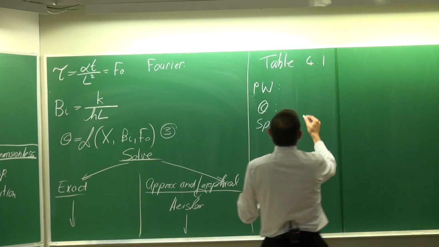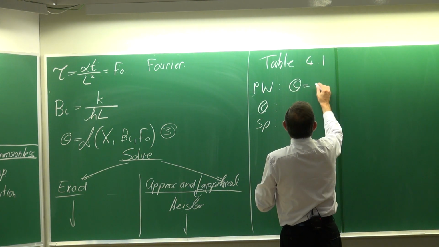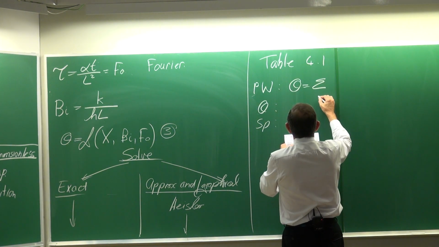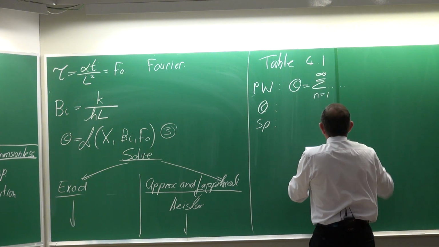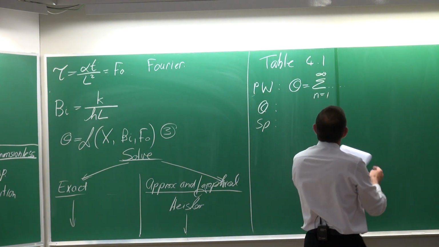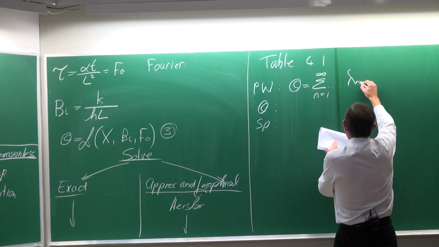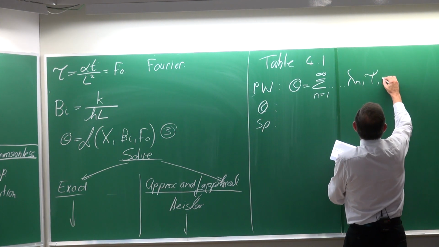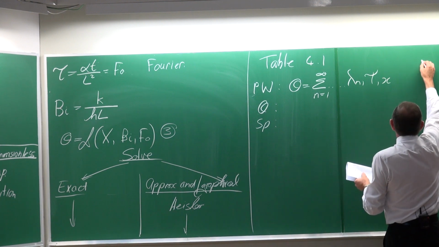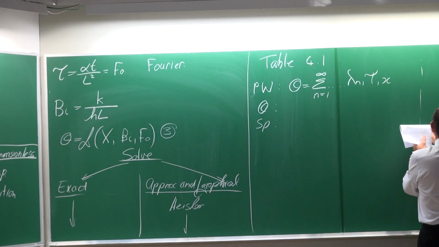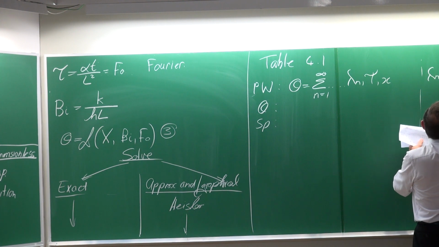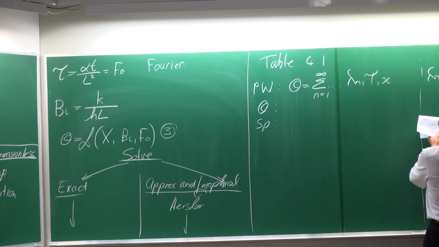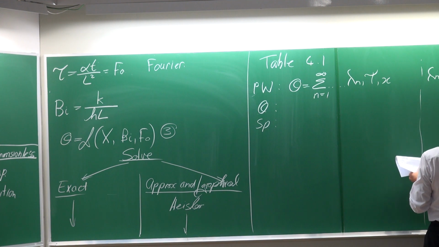And it shows the solution as the non-dimensionalized temperature being the sum from n equals 1 to infinity, and in that equation occur lambda n, there's a tau, there's an x, and then here it gives the so-called roots, which are lambda n, where lambda n tan of lambda n is equal to the Biot number.